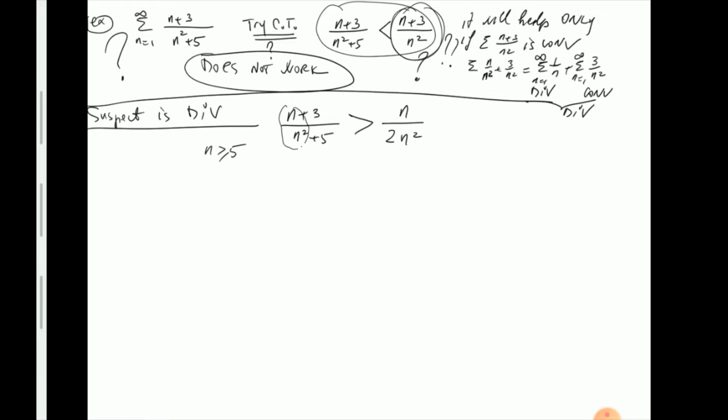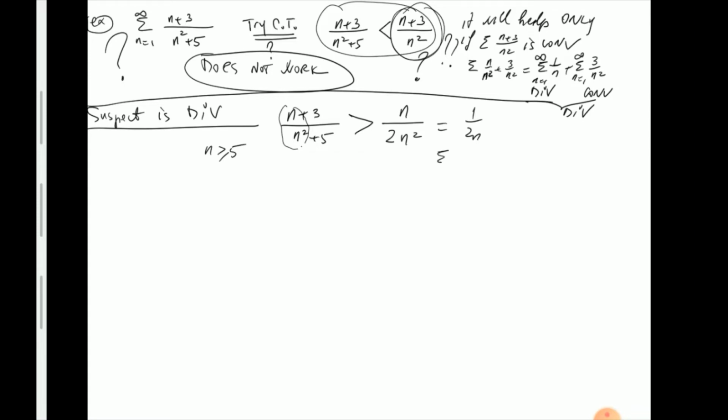Now remember, the summation doesn't matter if it starts from 1, from 2, from 3. If the inequality holds for all n's after a certain value of n, the overall conclusion is still the same, convergent or divergent. So the first couple of terms don't change the nature of the series. So anyway, this is going to be now 1 over 2n if I simplify by n.